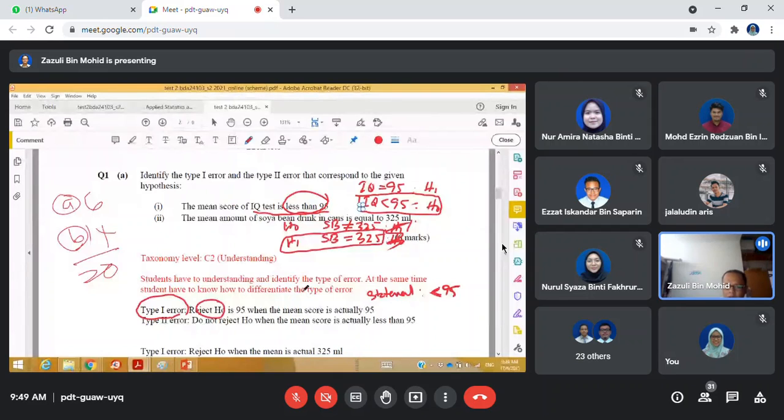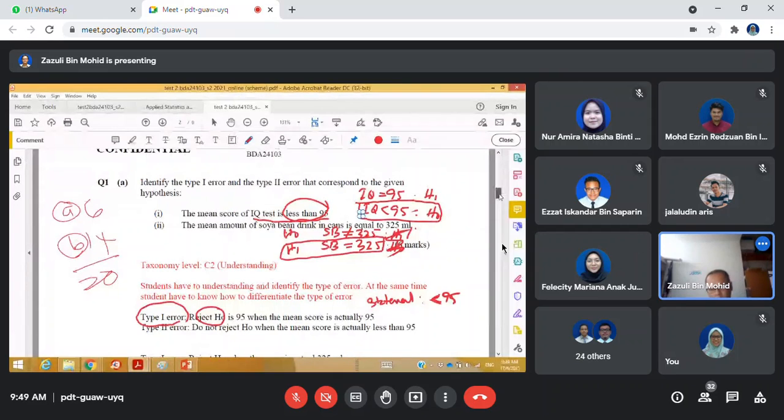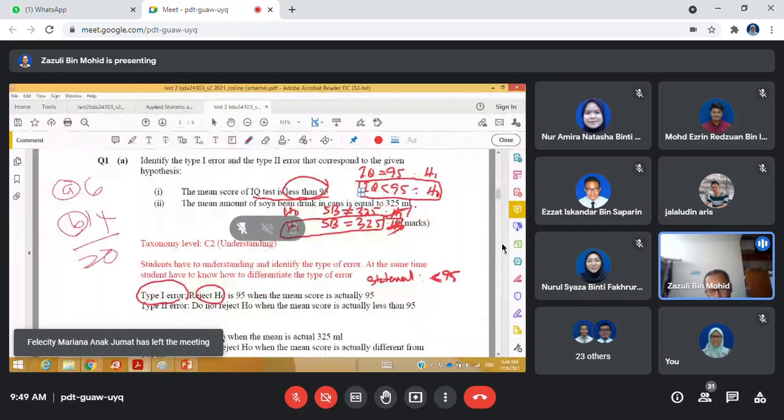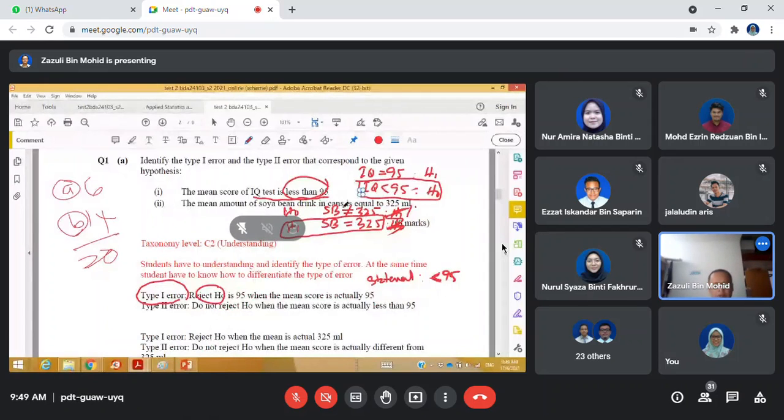and for the second statement here, the drink can is equal to 3 to 5. The statement said that it's equal to 3 to 5. Type 1 error is the error where we have the possibility of rejecting the statement.